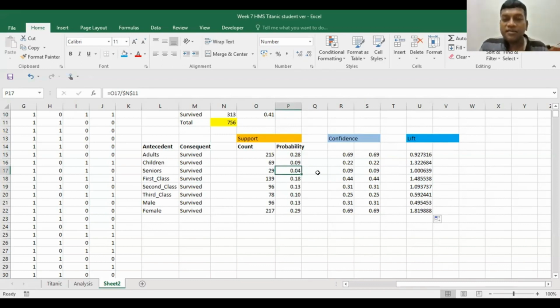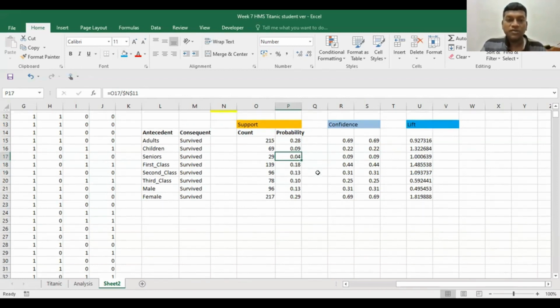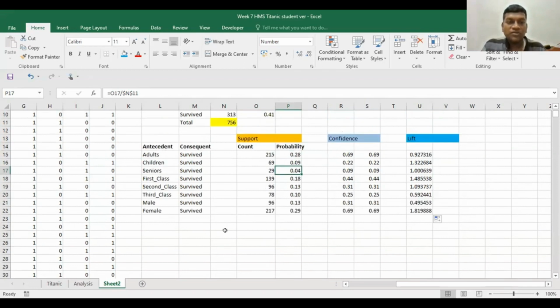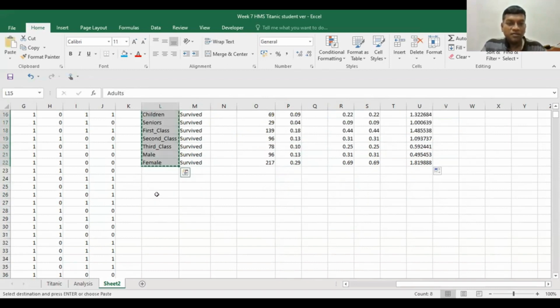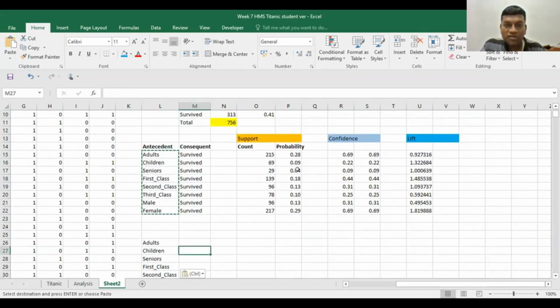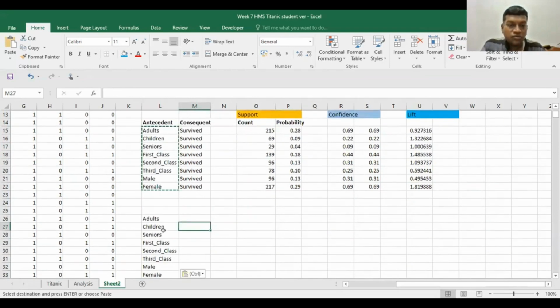So let's make the next set of items based on that. Essentially we will eliminate seniors and children, and then move forward. Let's say we have adults. We will just take this, Control C, Control V. We don't want children and seniors because they have low support, less than 10.